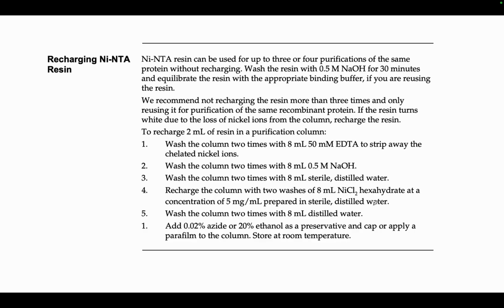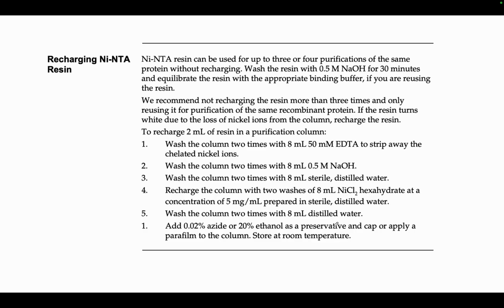Now, when we elute the protein, theoretically there is no more protein stuck in the column, and it should be able to be used again. But if we want to reuse the nickel NTA beads again and again, it is better to regenerate the resin.